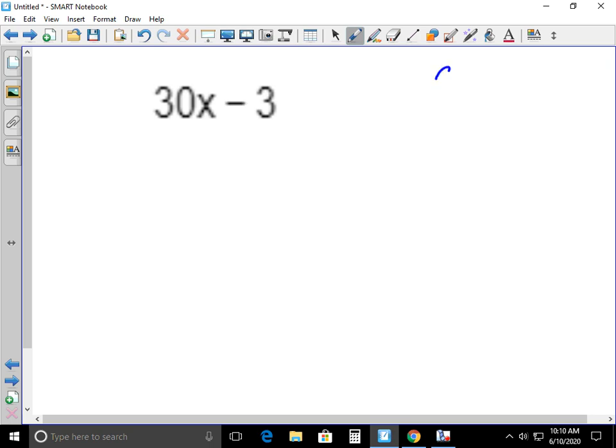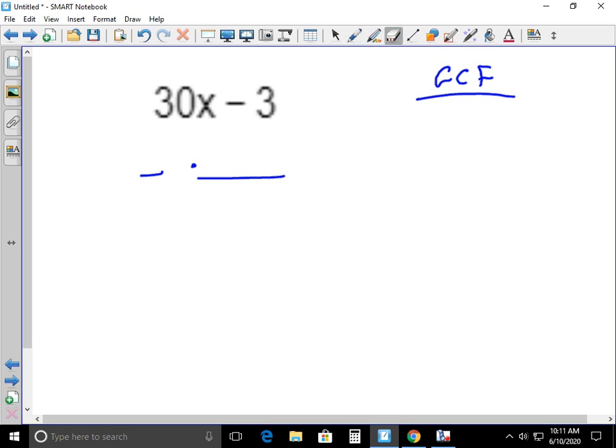Well, let's look here for our greatest common factor. And then we're going to go farther than that. We're not going to just stop at finding the common factor. We're going to use it to write this as a product. Something times something. That's what our goal is. That's where we're going.